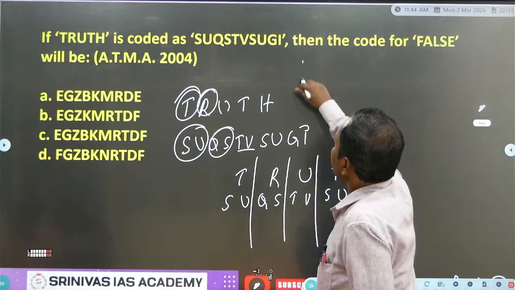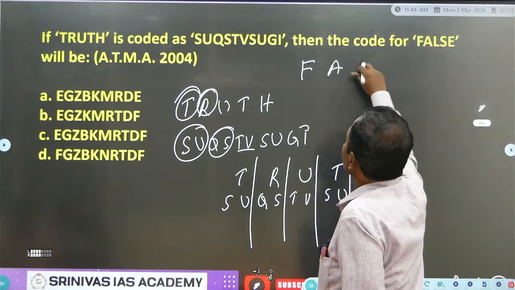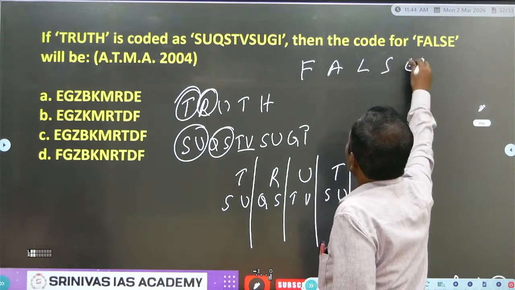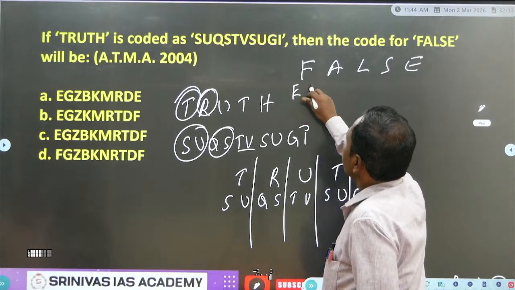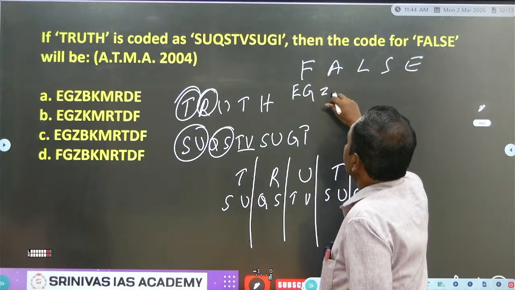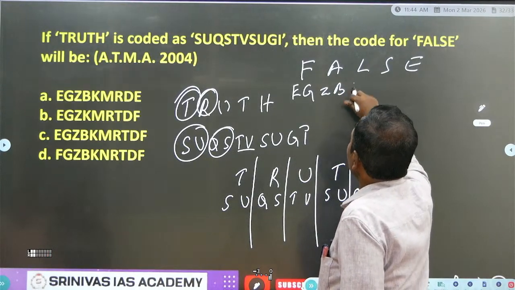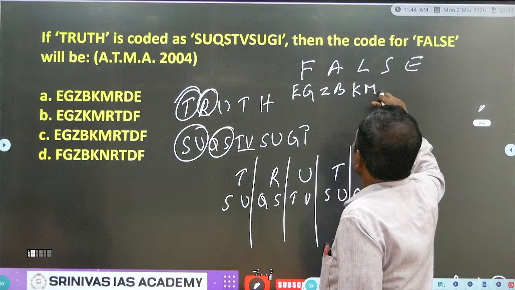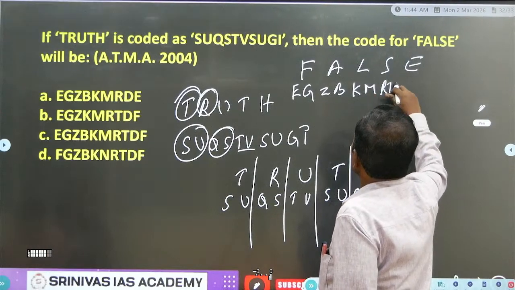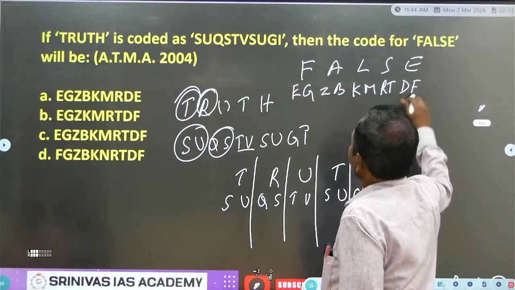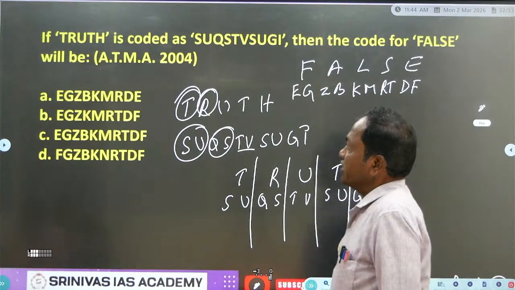False: how do you write FALSE? EFG, ZAB, KLM, RST, DEF.